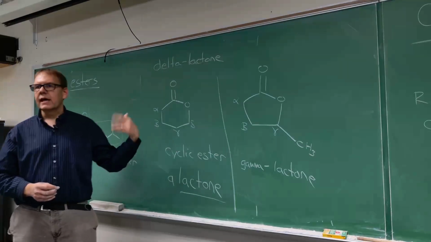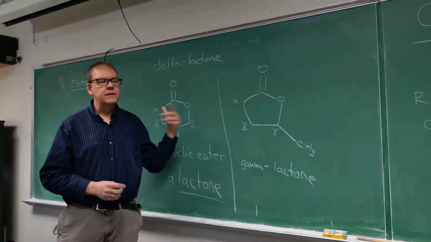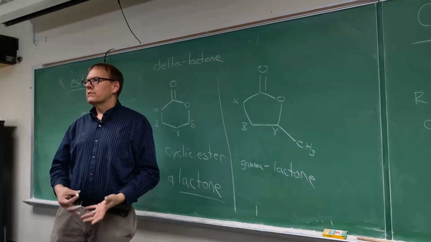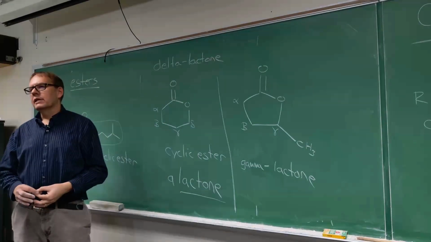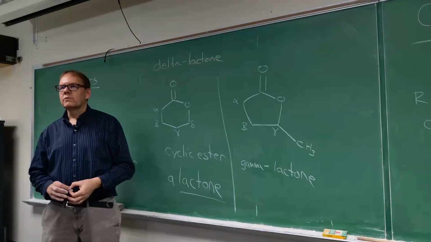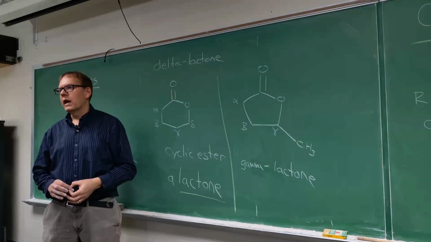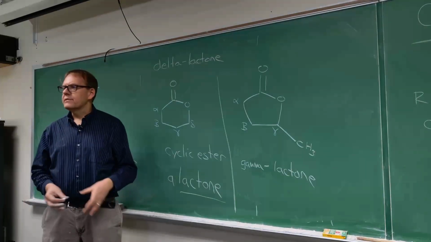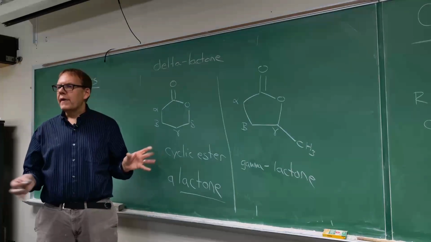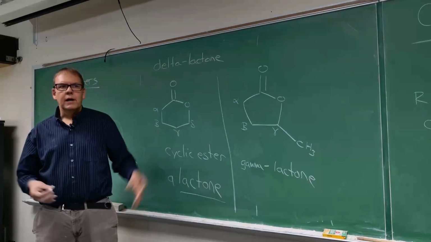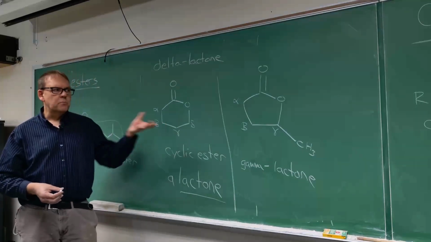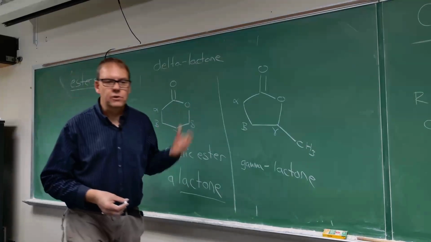Pharmaceuticals contain cyclic esters. Sometimes they're in small rings like this, sometimes they're in really big rings. Like, one of the molecules of the day I was thinking of bringing was erythromycin, which is another antibiotic, a completely different class, but that one has a cyclic ester in it. So there's lots of good, important examples of lactones out there.